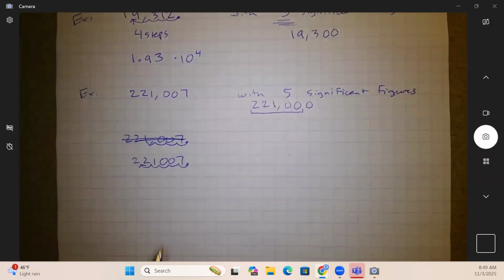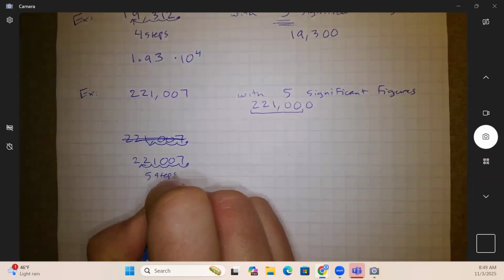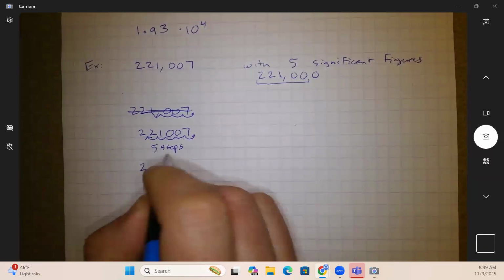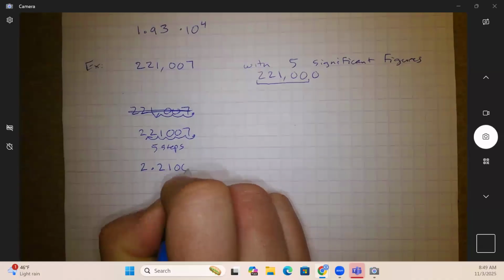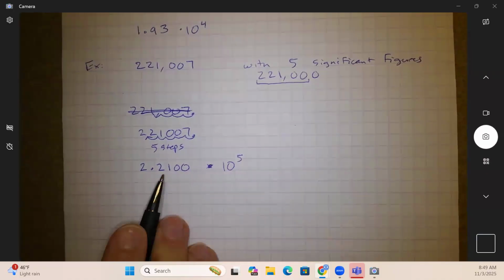It always moves so that you have a single number to the left. Yeah. So 5 steps. So I write my number and I make sure that I have 5 significant figures, 2.2100 times 10 to the 5th.